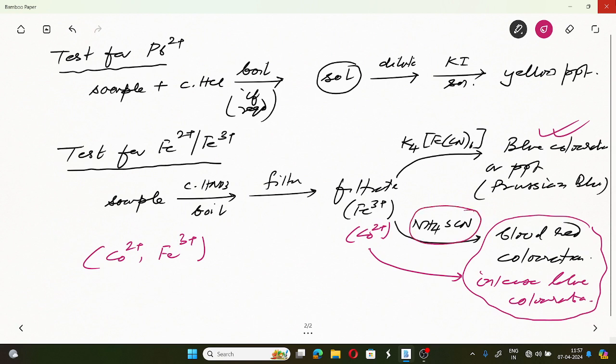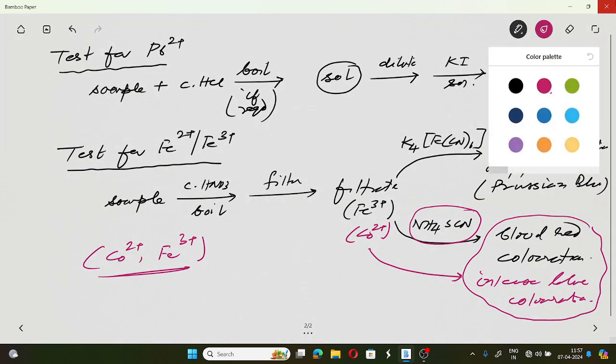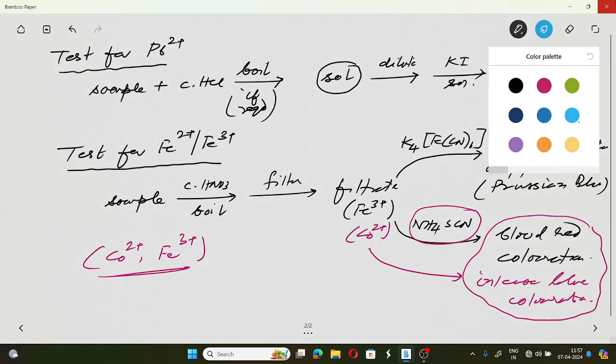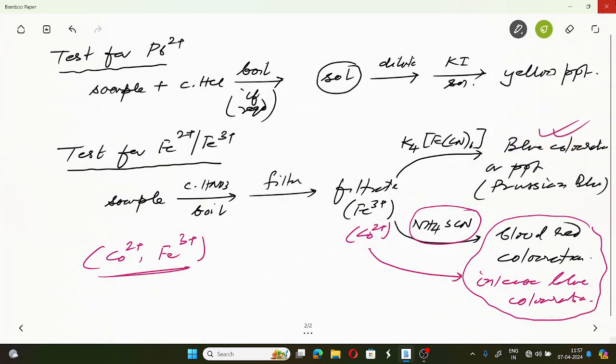So if you get a mixture of these two, naturally you won't be able to observe the blood red color. So you have to be careful in that case. We say that cobalt 2+ is actually interfering in this test with ammonium thiocyanate.